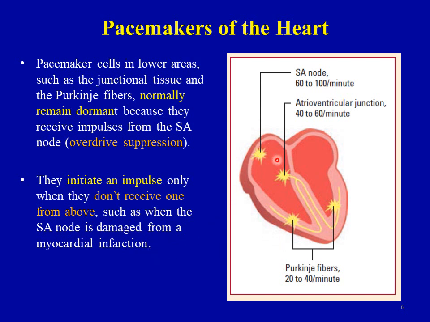So if the SA node stops firing, then the next component of the conduction system with a high firing rate will be the AV node or the AV junction. So the AV junction will become the pacemaker of the heart. If the AV junction fails to fire for any reason, then next in terms of firing rate are the Purkinje fibers. They will take the lead and become the pacemaker of the heart in that situation.